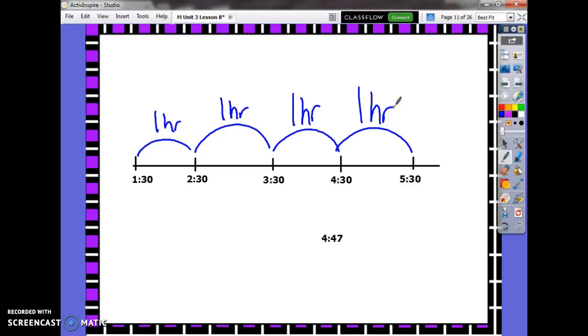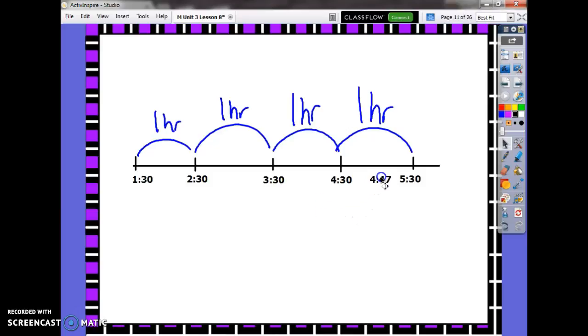In this case, it's 1 hour between each of those dashes. Now the 47 is floating down here, and should it be put to the left or to the right? Think about that in your head.